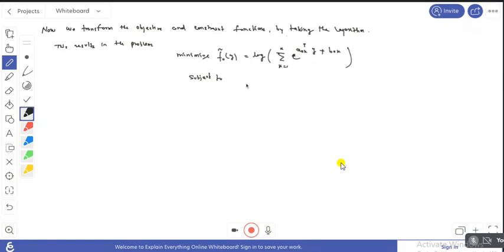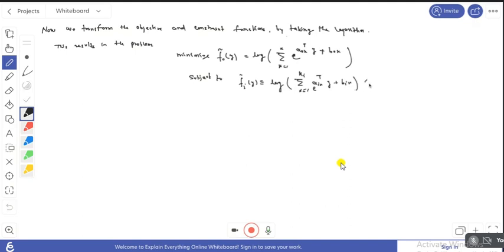Subject to the constraints. The constraints are fi tilde of y, and that is the log of the summation, k equals 1 to Ki, of the exponential of aik transpose y plus bik.